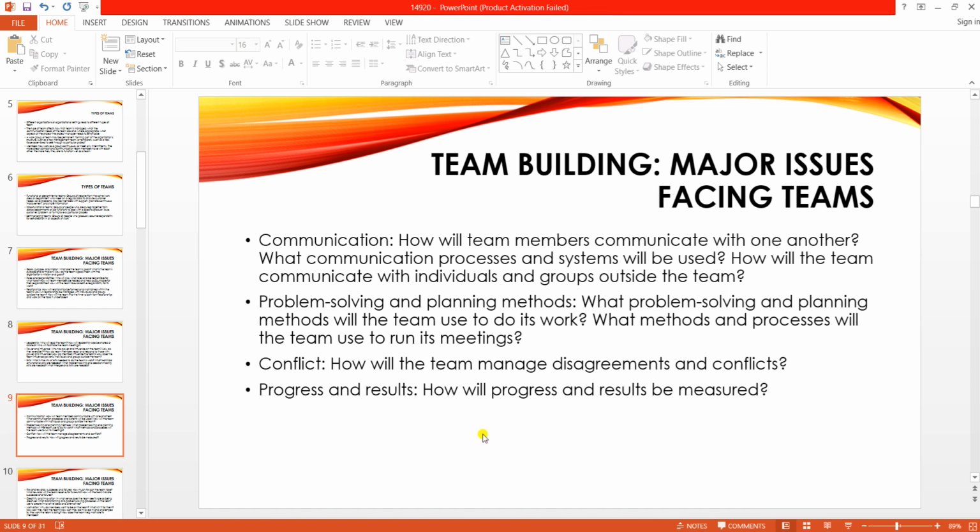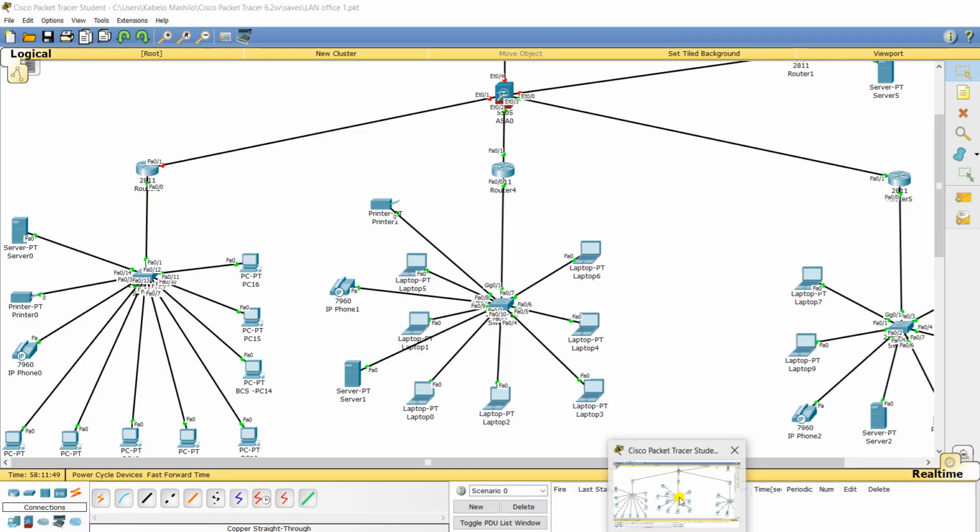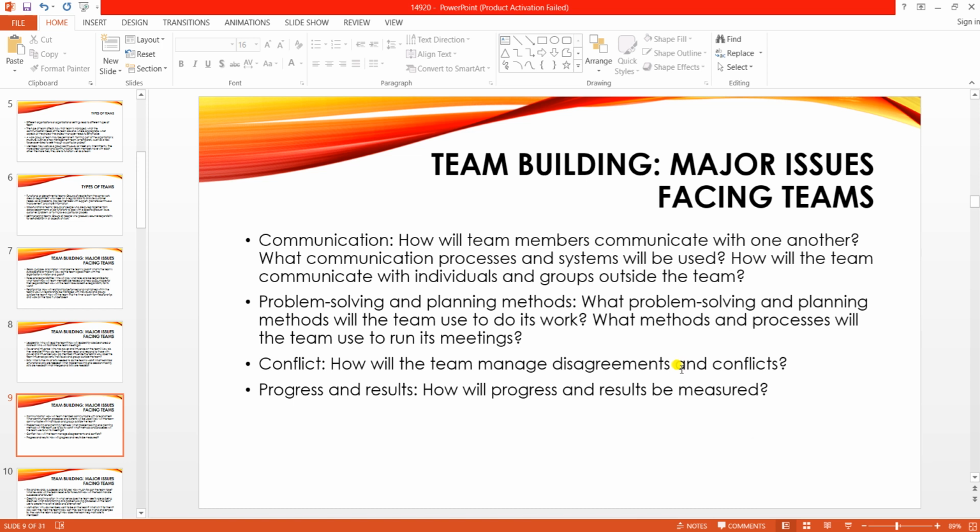Also, in terms of conflict, how will the team manage disagreements and conflicts? Conflicts happen most of the time where people will disagree about what could be the solution to the problems encountered. So how will that be addressed? In most cases, managing that means having meetings and everyone giving their perspective on what needs to be done.